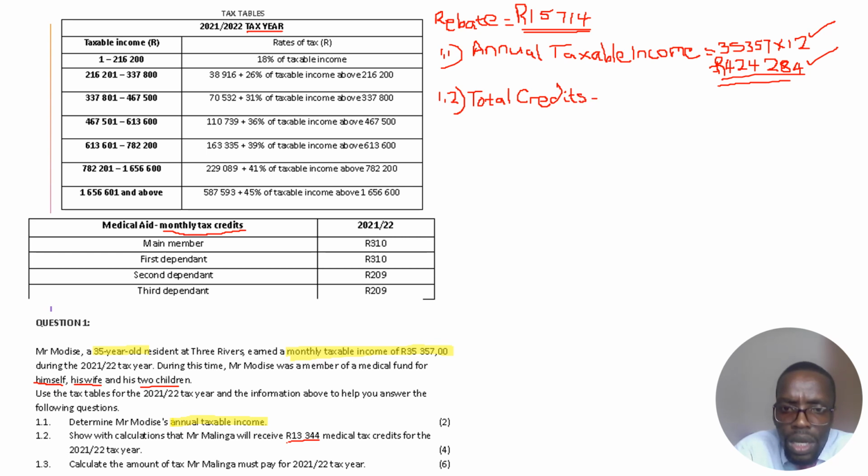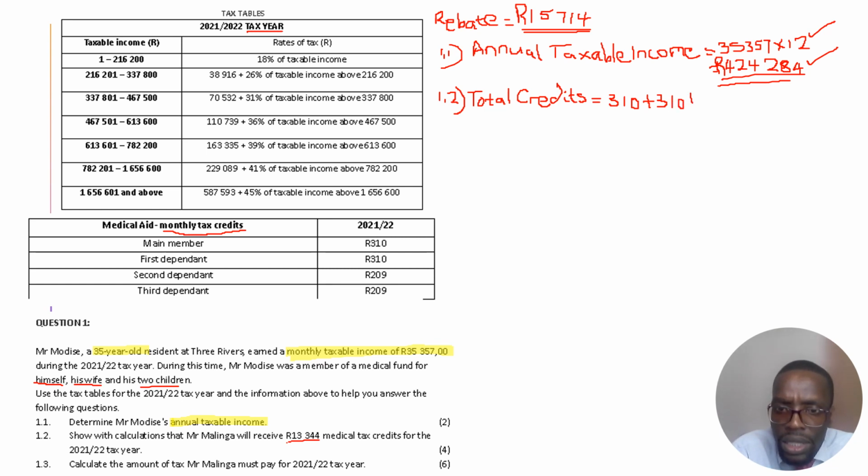We have 310 for him, plus he has his wife, who also has a credit of 310 because she becomes the first dependent.